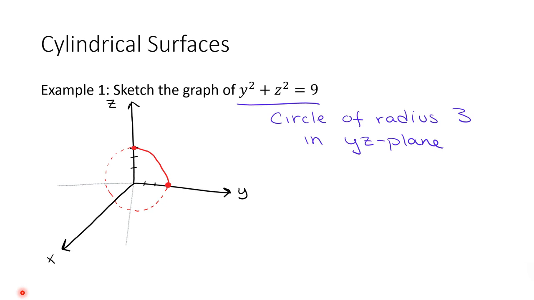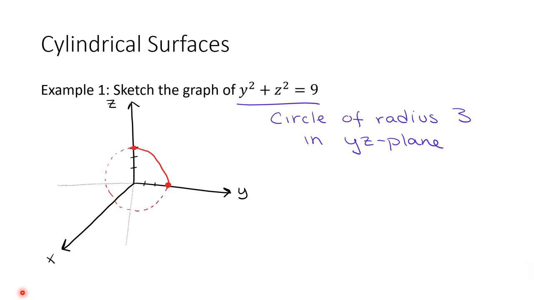It's going to be in the YZ plane because it has y's and z's. I've tried to sketch that on my graph paper, my three-dimensional coordinate system. In the YZ plane, it's just going to look like y squared plus z squared equals 9, which is a circle of radius 3.